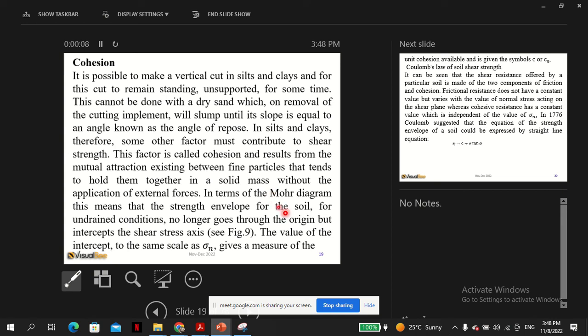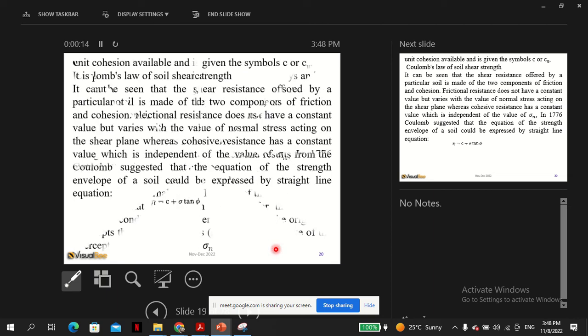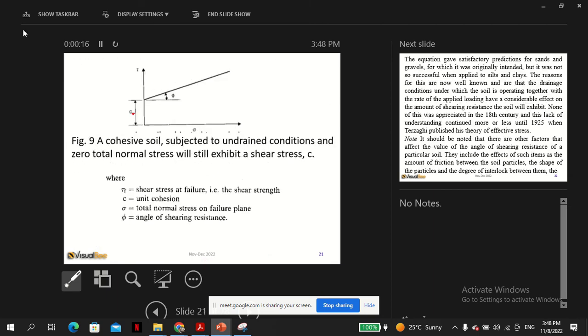See figure 9, the value of the intercept at the same scale as sigma n gives a measure. Please note that this curve at this scale has to be the same as that scale.